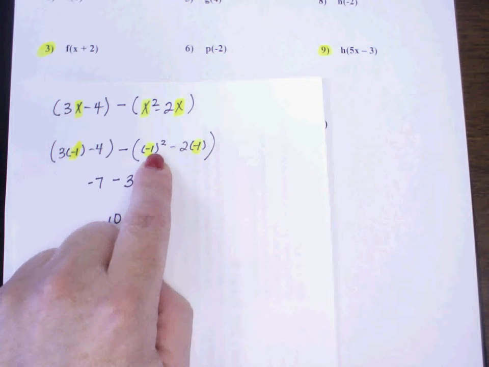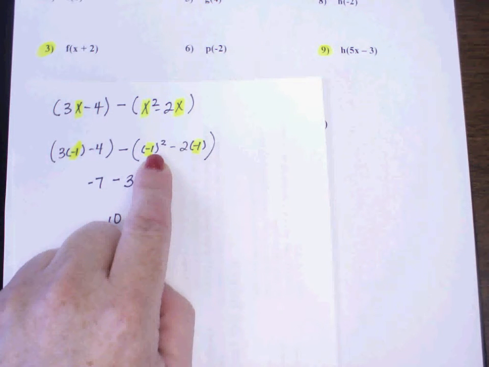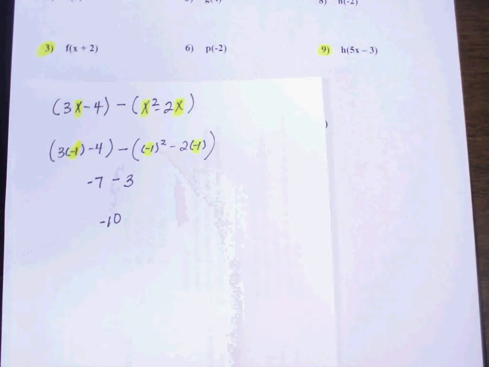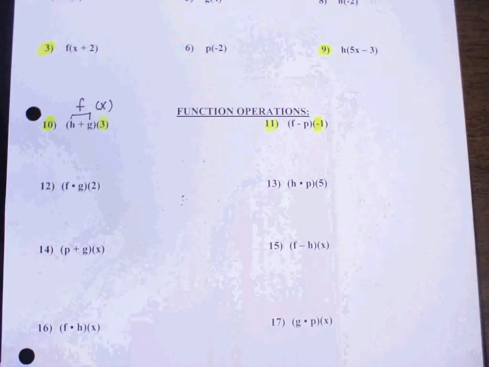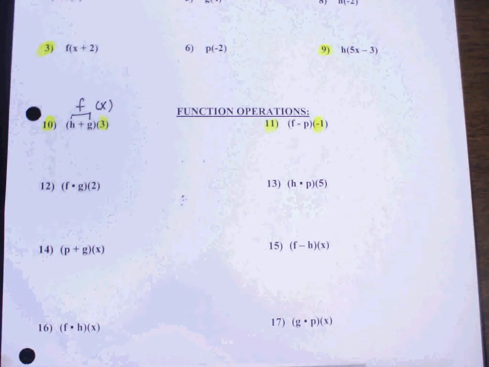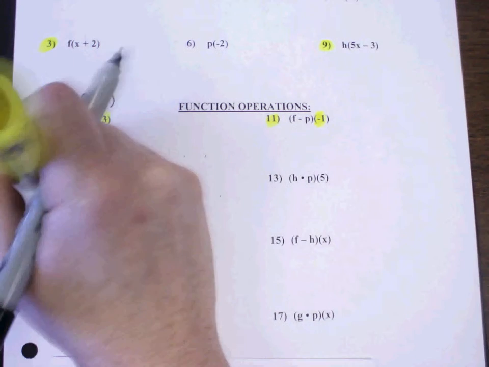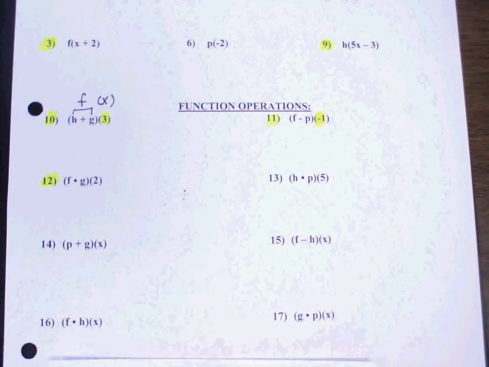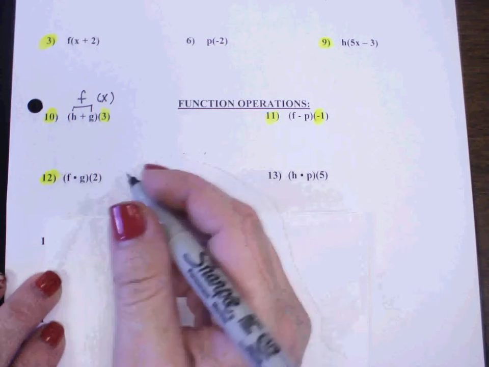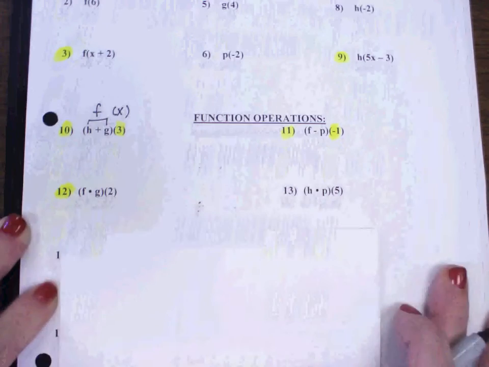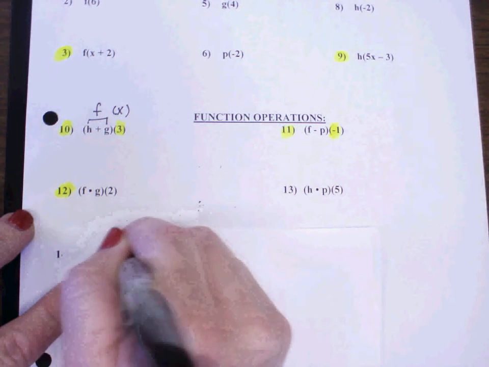All right, let's do another one. 12. All right, what two functions are we using on 12? F and G. And I'm multiplying. Very good. What is F? 3x minus 4 times G, which is 2x squared plus 5. And what's the value of my x? There you go.